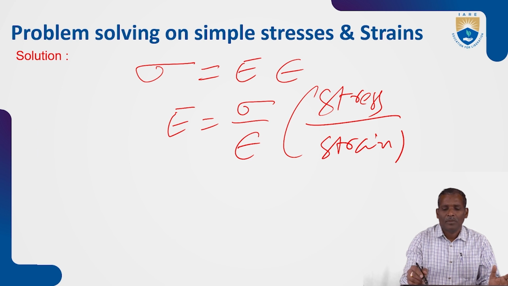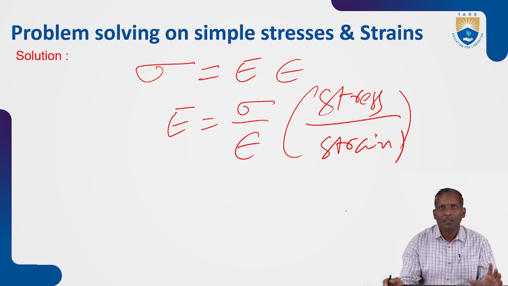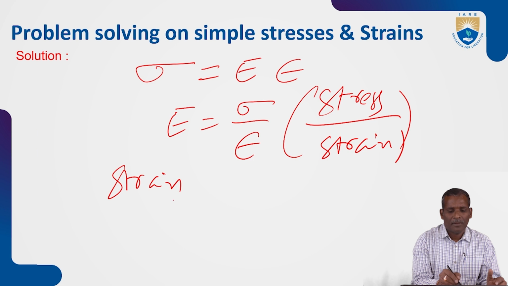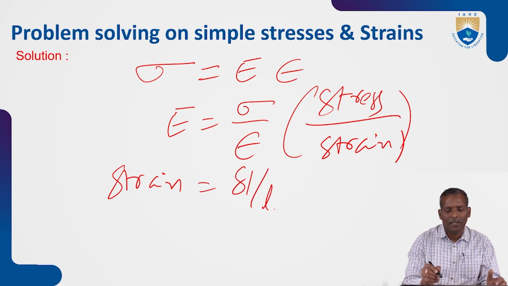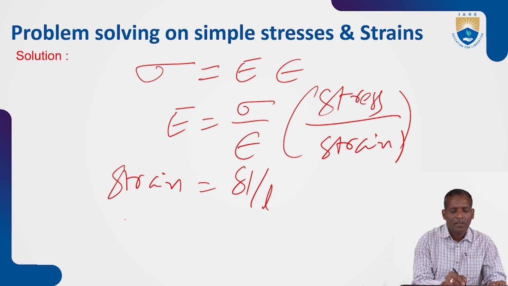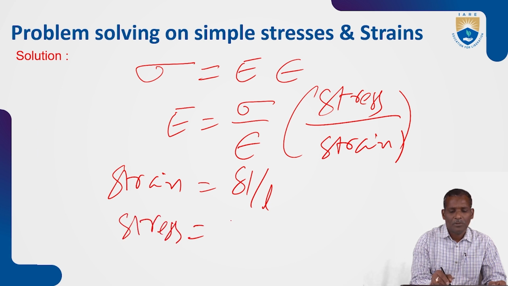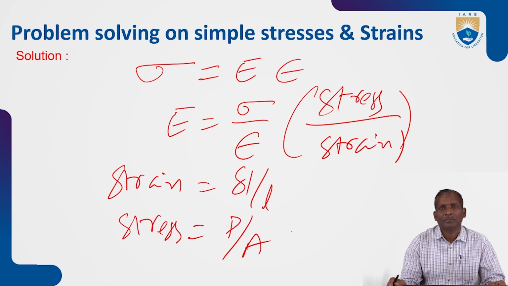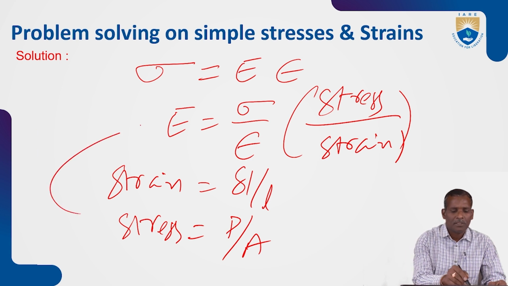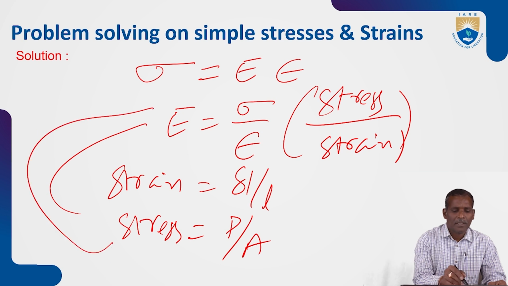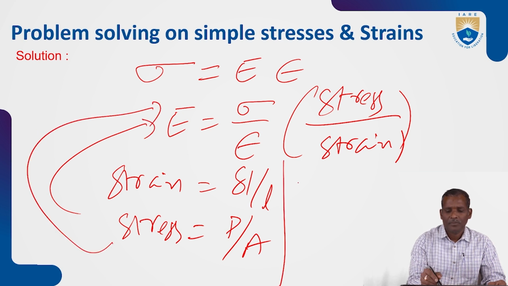Now the stress is calculated and strain is delta L by L, change in length by original length. The stress is equal to load upon area. Now substitute these strain and stress values: E is equal to P by A upon delta L by L.